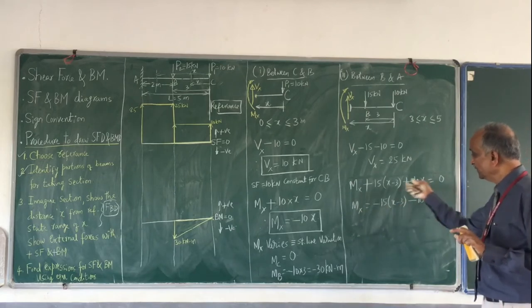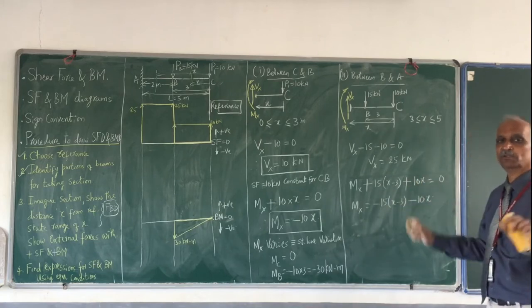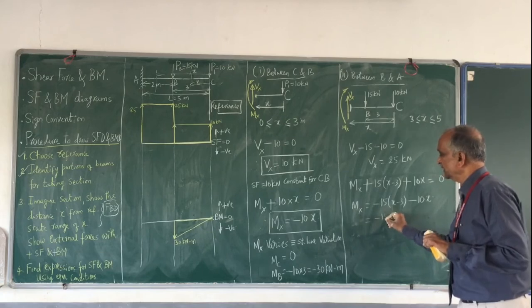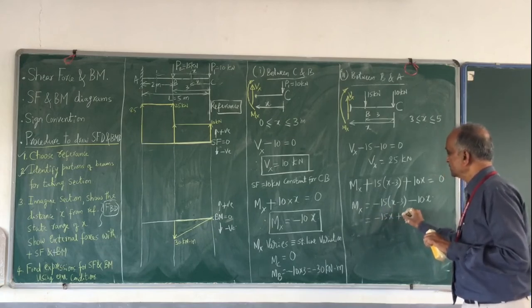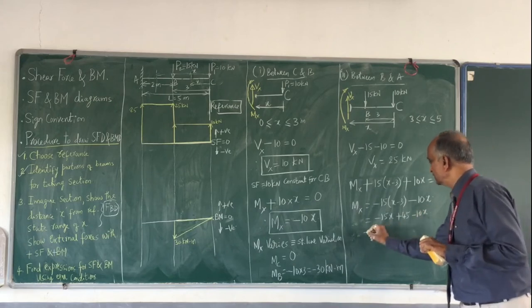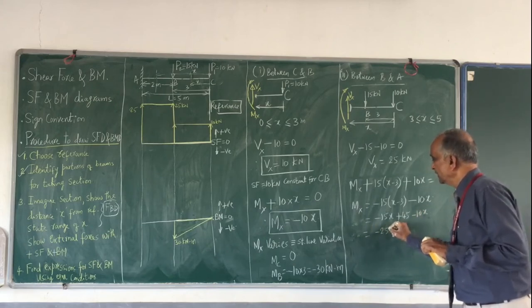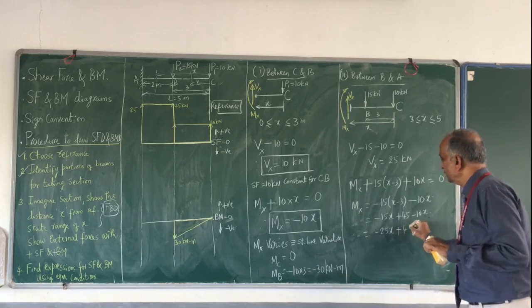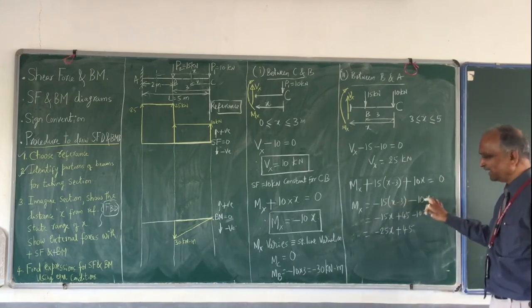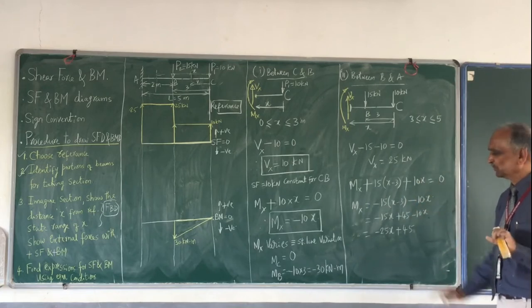If you don't have an x term on the right hand side, it would have been constant. Or we can simplify and explain: minus 15x plus 45 minus 10x, which is equal to minus 25x plus 45. It is a straight line. Or even if you keep it as it is and proceed, absolutely no problem.